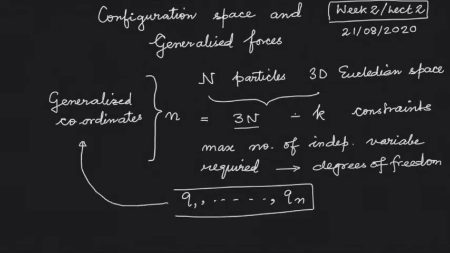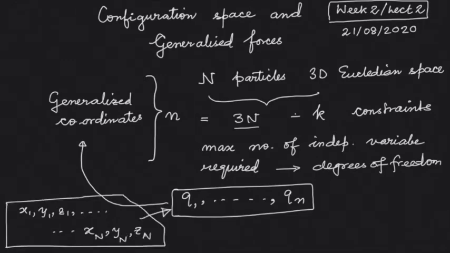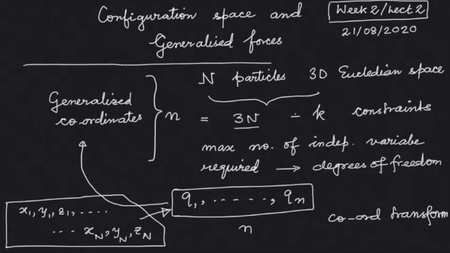And there are certain transformation properties between x1, y1, z1 up to xN, yN, zN and these n coordinates, and that's just a coordinate transformation. We discussed the properties of this coordinate transformation at the end of the last class.